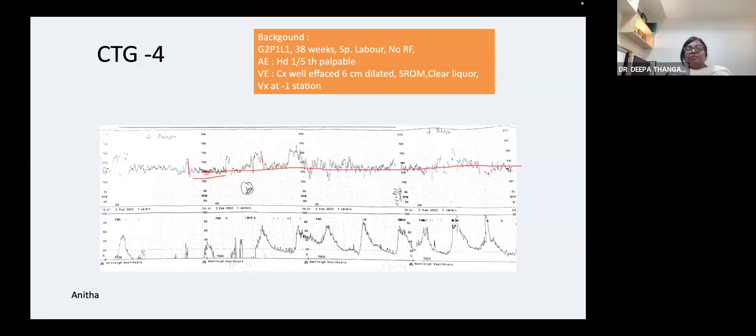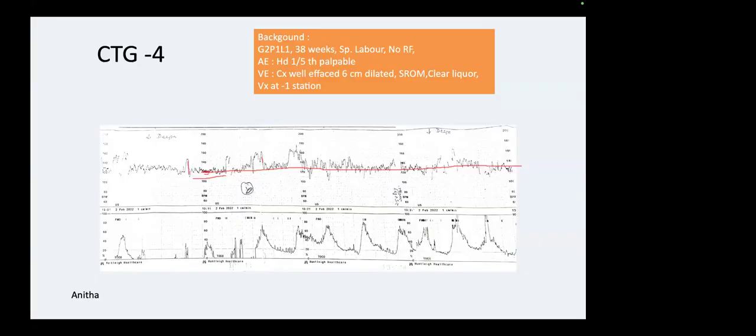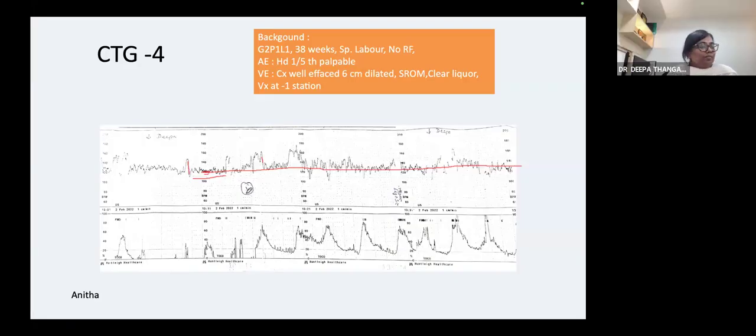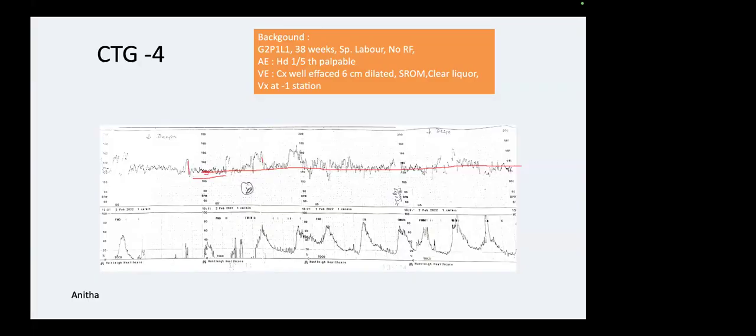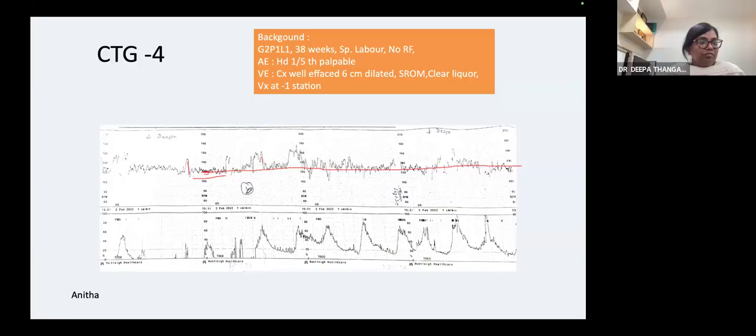Ma'am, about variability, 10 beats variability is there, ma'am. Accelerations are present. There are no decelerations, ma'am. So what do you do?